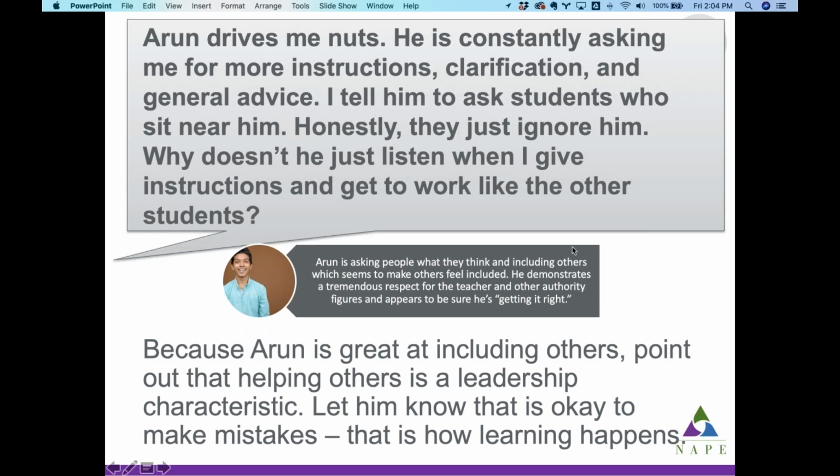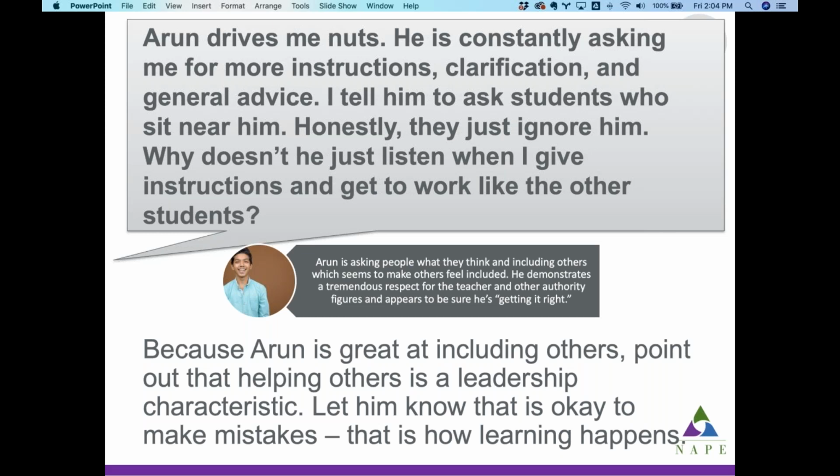So when we look at what is happening with Arun, we can see from the collectivist cultural values several things here. One, regularly wanting to seek advice. There's a note of hierarchy here, respect for authority figures.